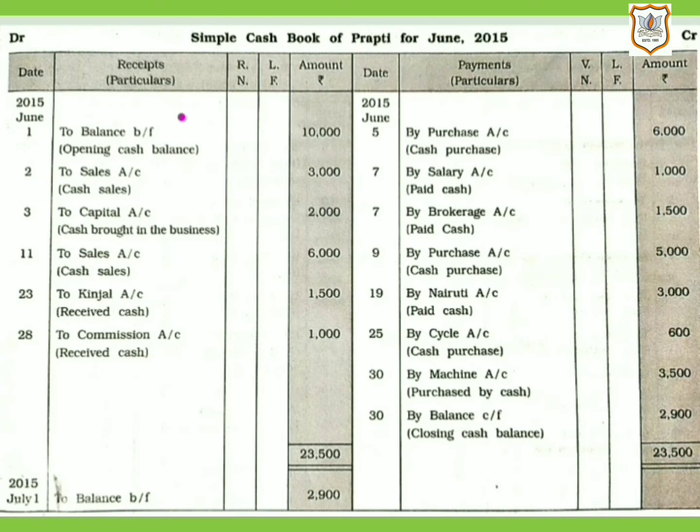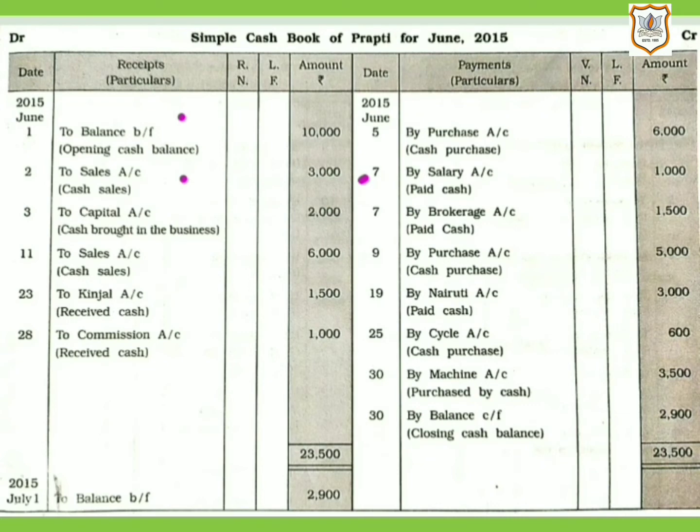Here we are selling goods, and that too as a cash transaction. So when we sell goods, we receive cash. So cash is coming into the business. That's why it will be recorded on debit side. So here it is, To sales account. Then in amount column, we will write 3,000.